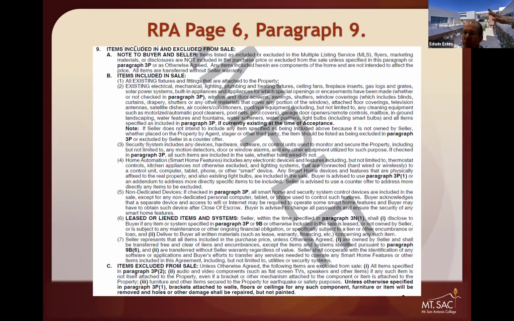Here, we're just explaining in greater detail exactly what those items are. The negotiated items are found in 3P1 and 3P2, whereas the standard stock items that typically transfer over are explained here in 9B and 9C.